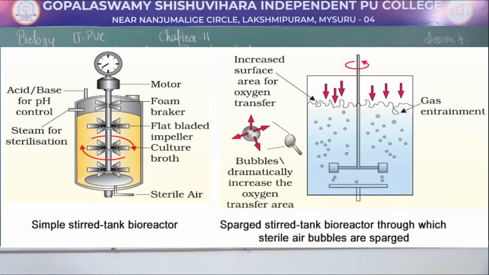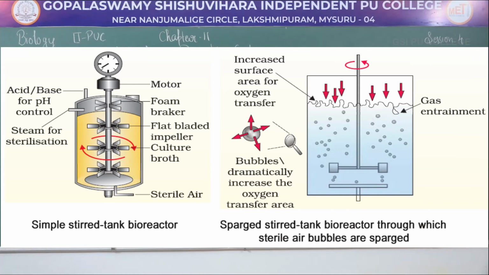In the second diagram, you can see here the sparged stirred tank. In this sparged stirred tank, you can see that it has a rod like structure which moves clockwise and helps in mixing of the culture broth. In the upper part you can see that there are small finger like projections. These finger like projections help in increasing the surface area for oxygen transport.